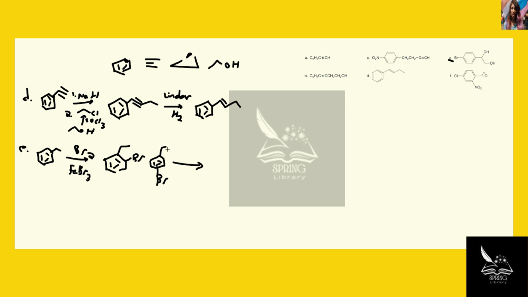And now we can make this into an alkene double bond by doing the radical mechanism, like in B, HBr, then we add this benzylic bromide, and then we can add a strong base, looks like potassium tert-butoxide.